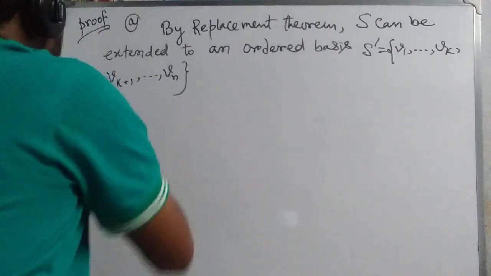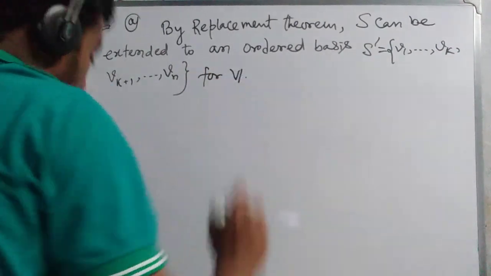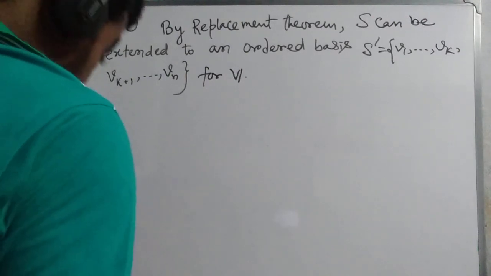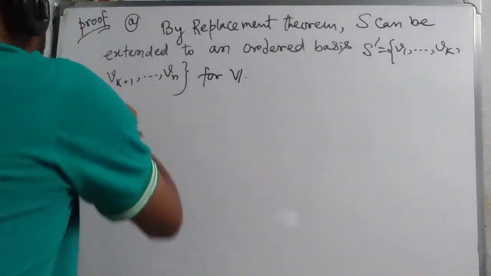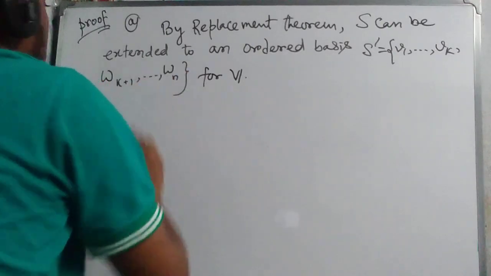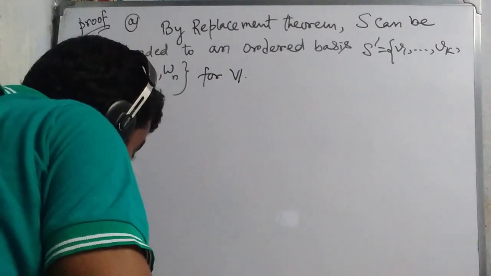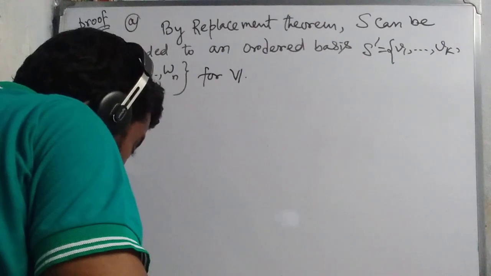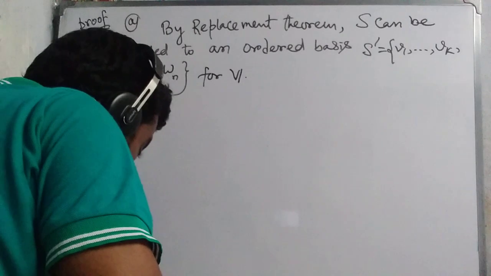Understood? Then what happened for V? Here we have wk+1, ..., wn. Obviously, in the replacement theorem we also see that v1, v2, ..., vk and w1, w2, ..., wk.